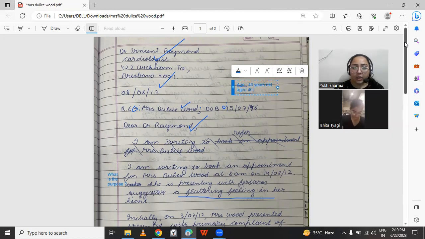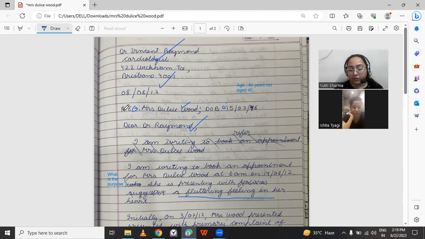Date of birth also can be written in the very next line, like after this, regarding Mrs. Dulcie Wood, and then here you can write date of birth or age, then leave one line and then salutation. Both ways are correct, just writing it next to the name or after the name. Okay.